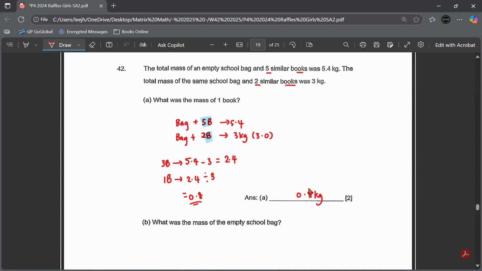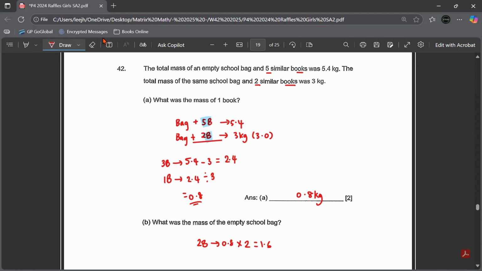But the question is asking me B, what was the mass of the empty school bag? So you can use either one. For me, I will use the second one. Easier. So here got 2 books. So 1 book is 0.8. 2 books will be 0.8 times 2, sorry, 1.6 kg.